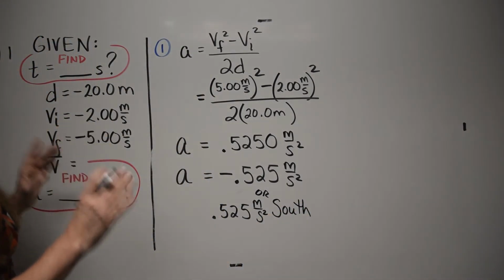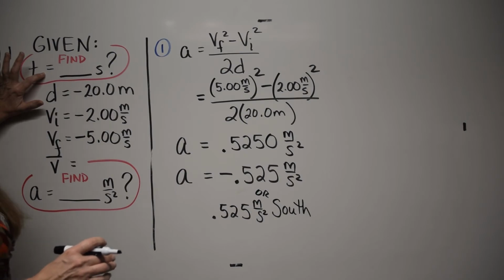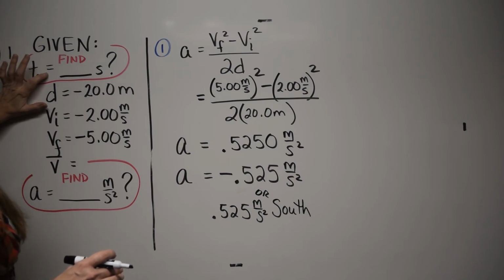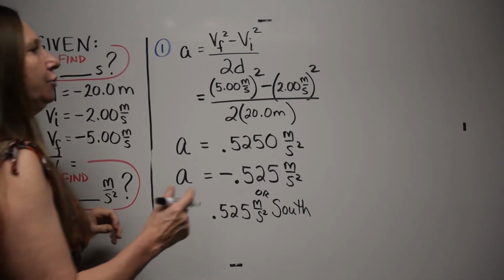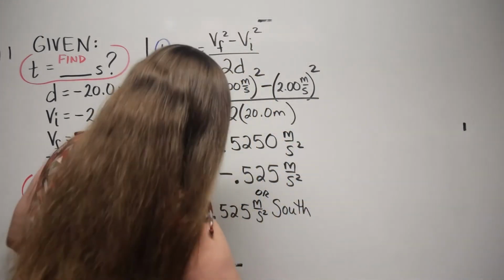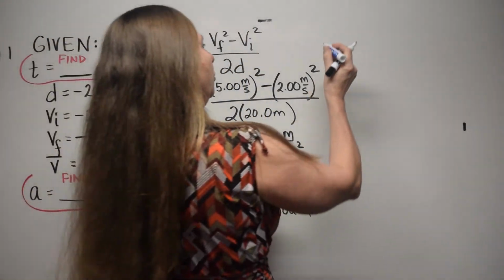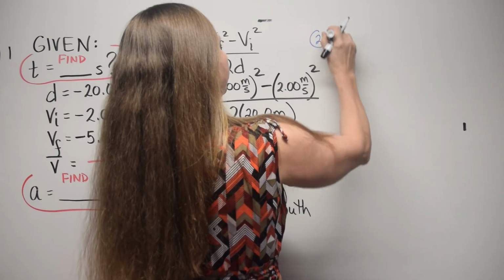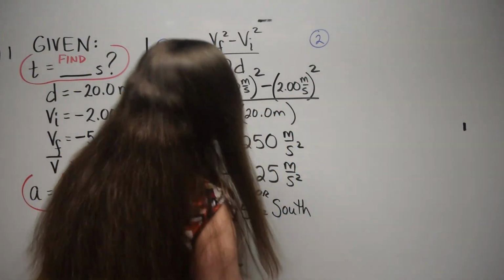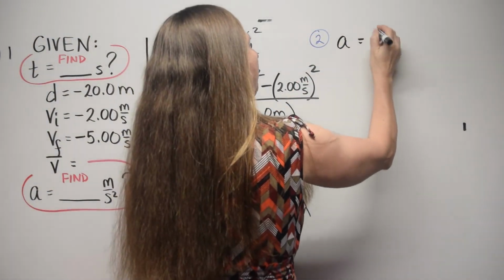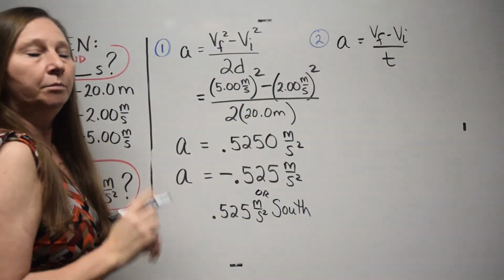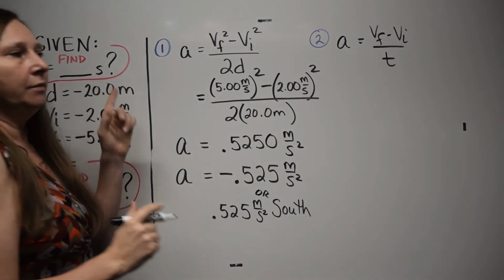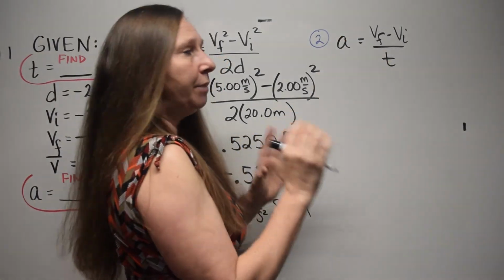Now we try to find the time. How long did this take? For this, since we now have V initial, V final, and A, we can use our very simple equation, equation number 2, that would be A equals V final minus V initial divided by T. But we're trying to find time, so we're going to get time by itself.